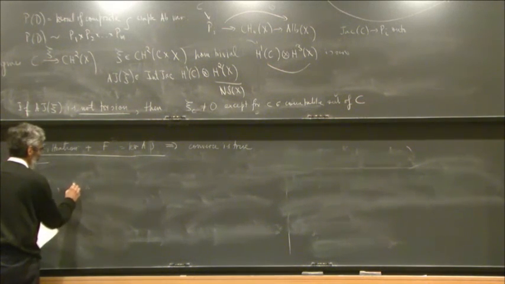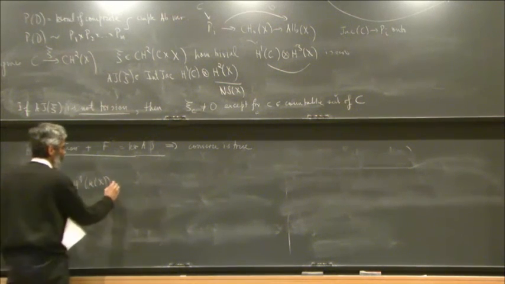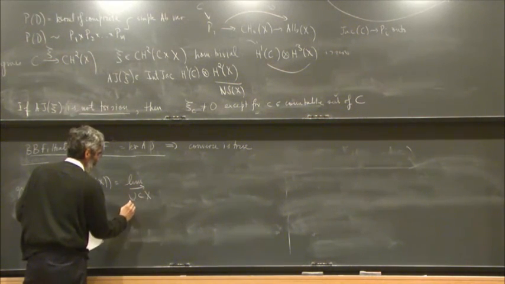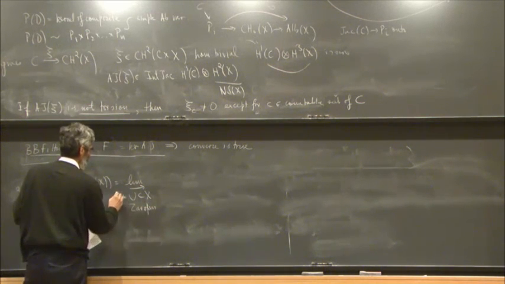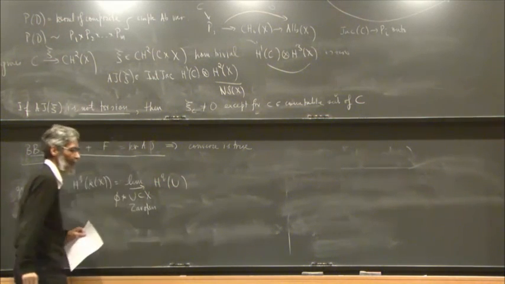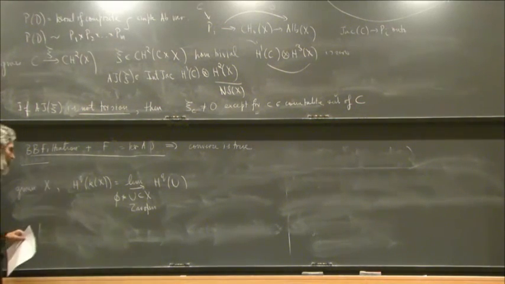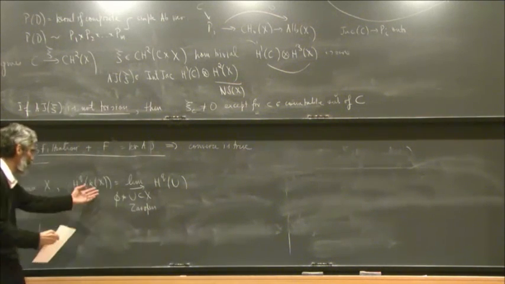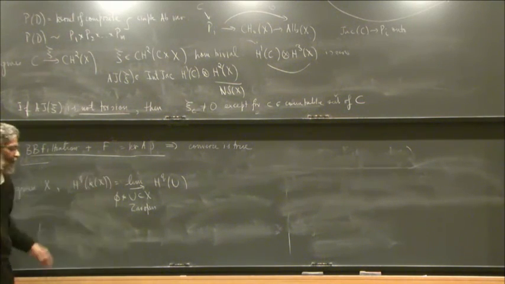I could define H^q of the function field to be the direct limit over all Zariski open non-empty subsets of H^q using singular cohomology with Z coefficients. So that's a definition. Now here this is good notation because it doesn't really depend on X but only on the generic point.